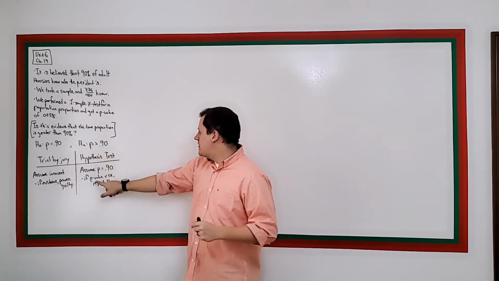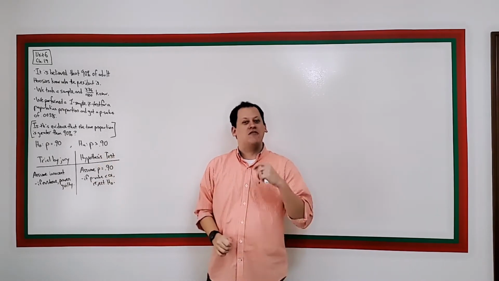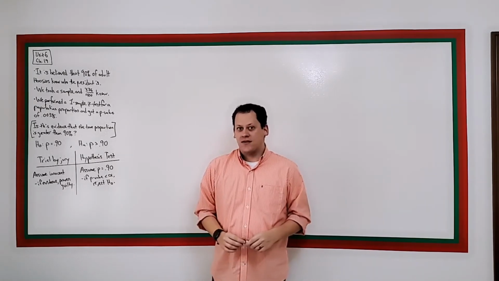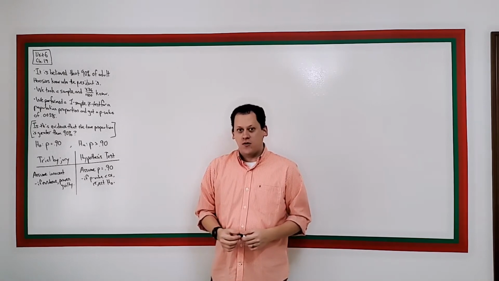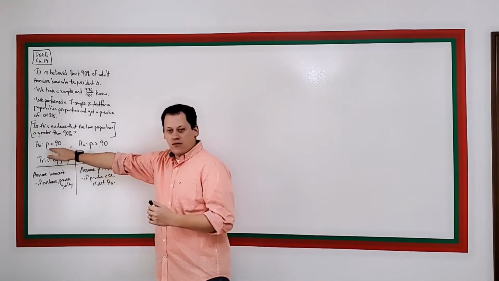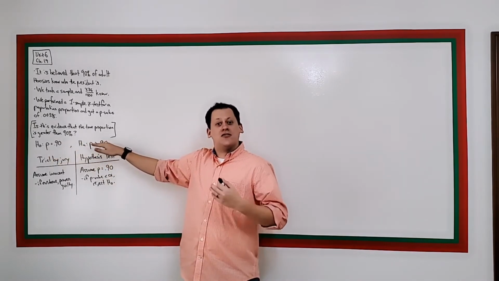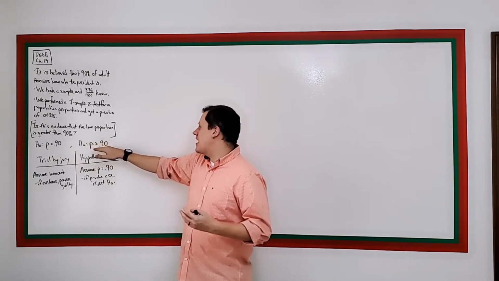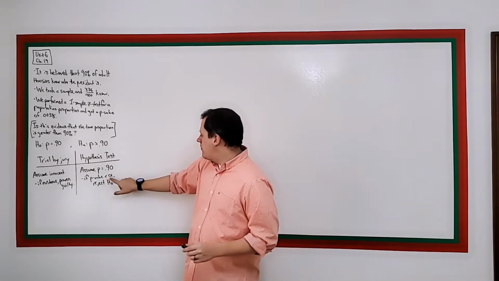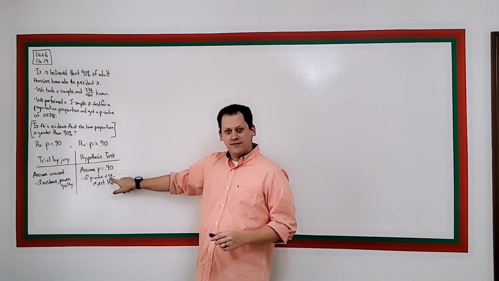So we are using the p-value as our measure of how much evidence we have against the null hypothesis. The smaller that p-value is, the more evidence we have to reject the null and say that there is evidence for the alternative hypothesis. But let's talk a little bit more about alpha.